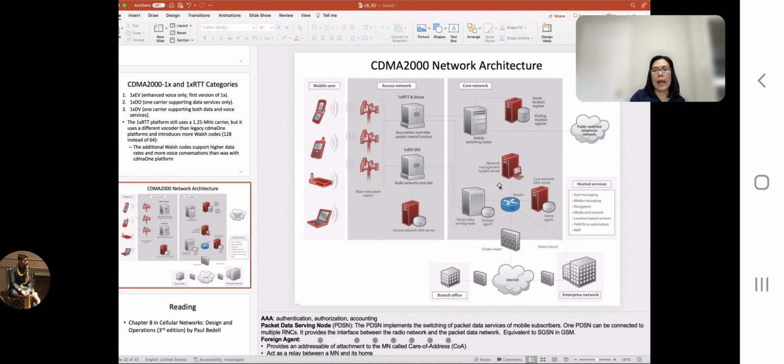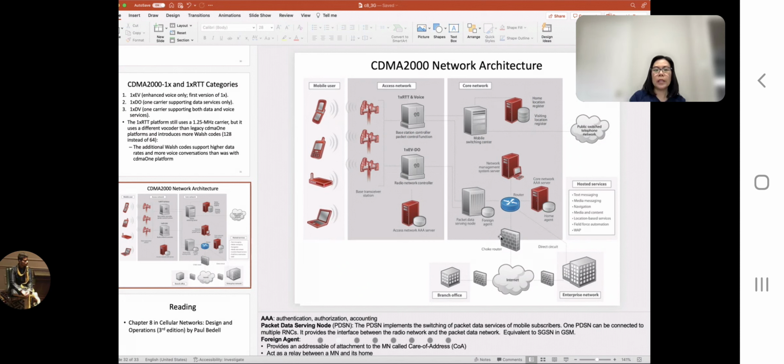And then this is the packet switching domain, the data domain. We have the packet data serving node, which is equivalent to the serving GPRS support node in GPRS.